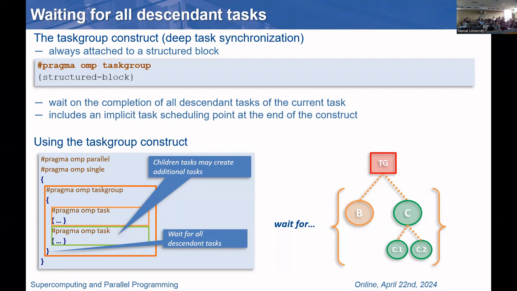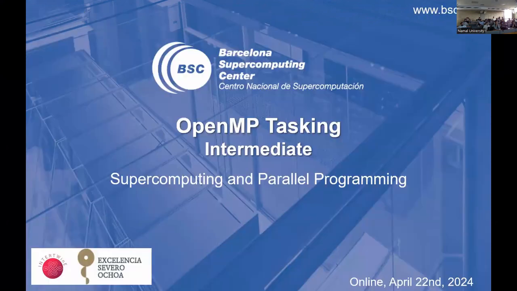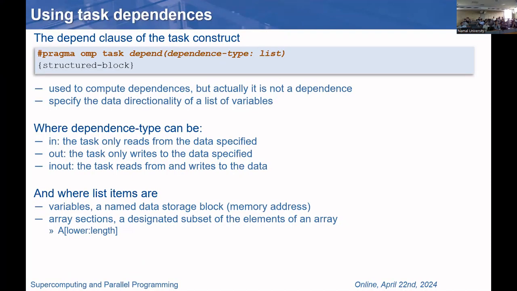So we saw barrier, taskwait, taskgroup, and now we do the task dependencies. This is the most advanced style of synchronization that we have with tasking. The idea here was to relax a little bit more how the tasks are executed.